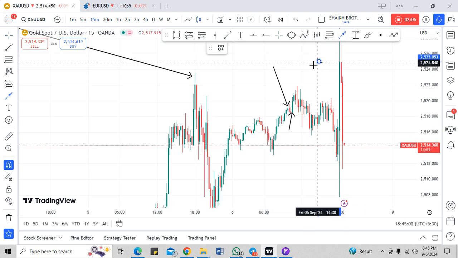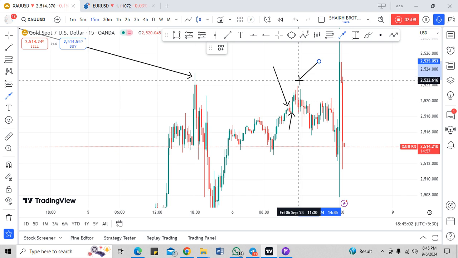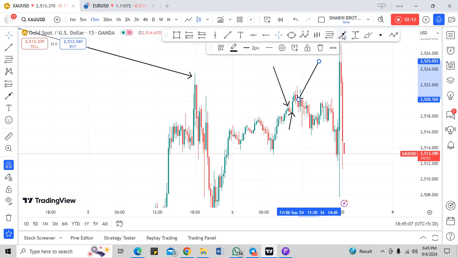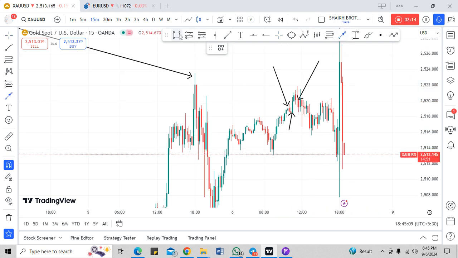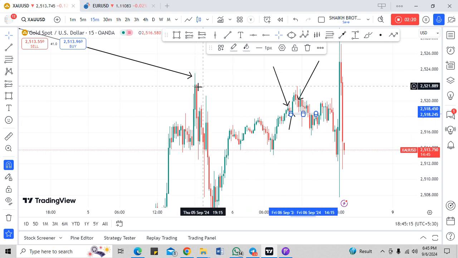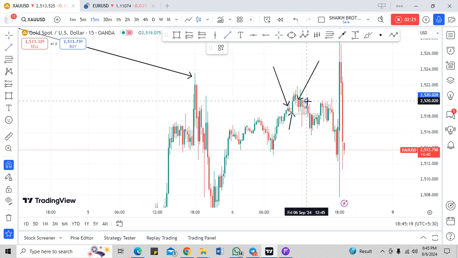This one is a higher high. Okay, and this is a break of structure. This one is a break of structure. After breaking structure, I marked this one as liquidity.